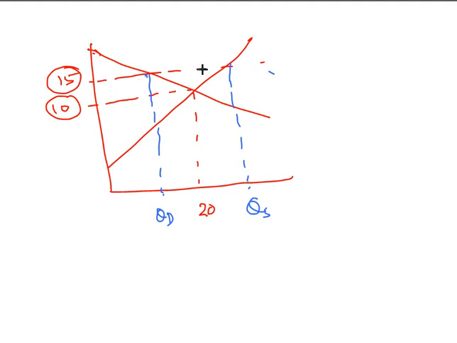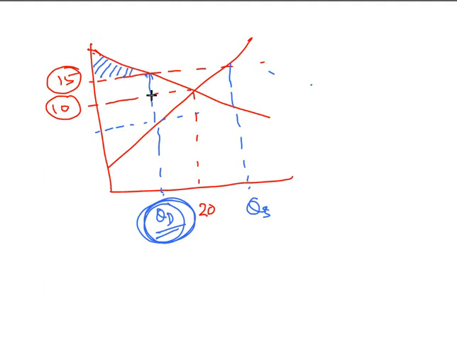At this price of 15, this is the quantity demanded, and at this price of 15, this is the quantity supplied. Even if they supply this much, it doesn't mean that the people will buy this much. They will buy only this quantity because you have a higher price, so it should result in underproduction only.